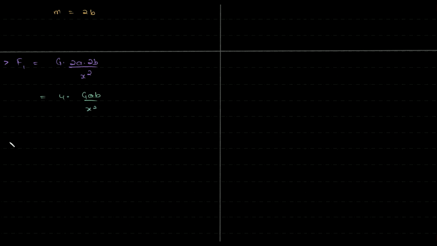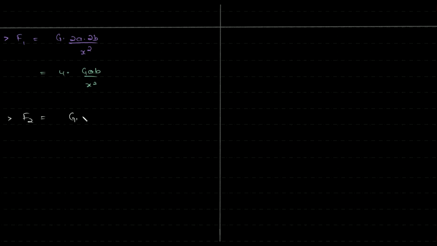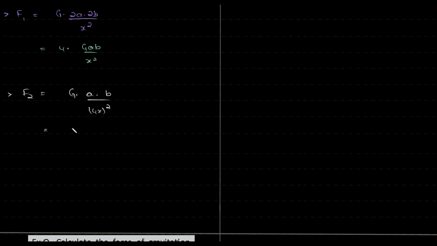And then we have F2, wherein the mass will become a over here, and this is b, and this would be 4x the whole square. I will take the number out. So 4 square is 16. So 1 by 16 into GAB by x square.